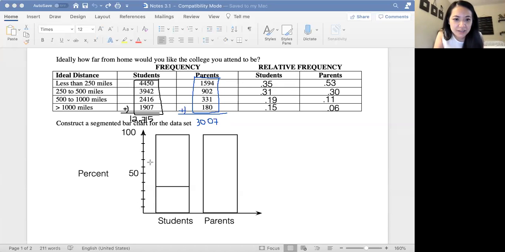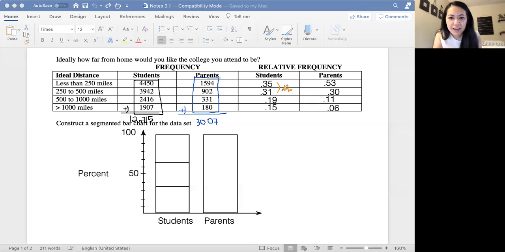So 66 is right around here. Okay. So this put together was 66%.